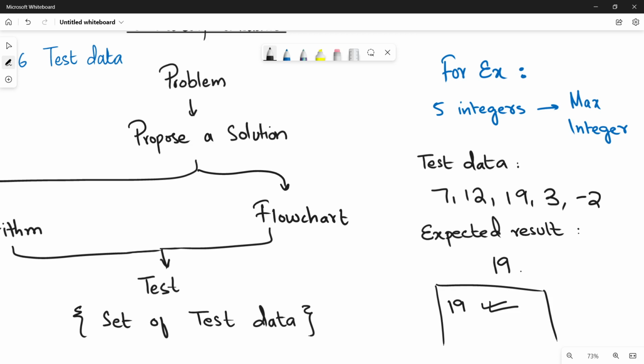So in this way, we can use different sets of test data to test the algorithm that we have defined. Now, quickly moving towards the types of test data that we will set for any algorithm to check its working. Before that, let me just write down the definition of test data for you.